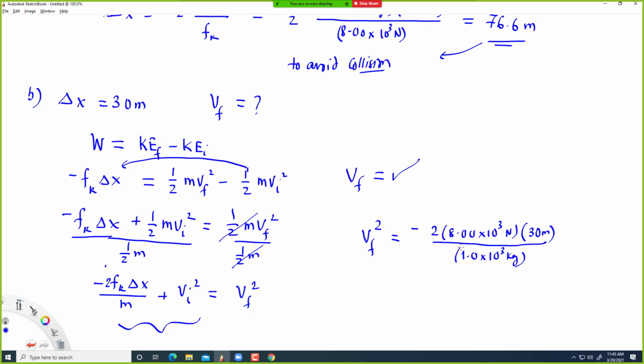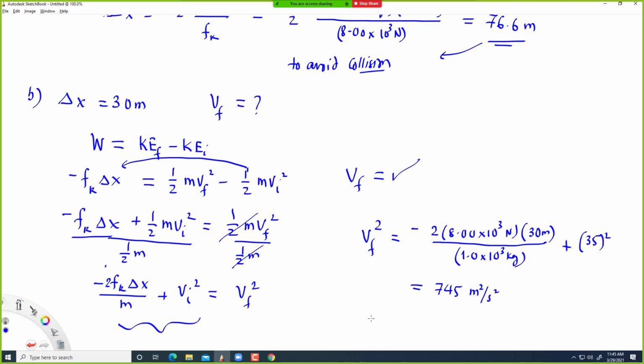Okay, so that's the first term, and the second term is initial velocity squared. Initial velocity is 35, squared. So that gives us 745. The unit would be meters squared per second squared because it's velocity squared.